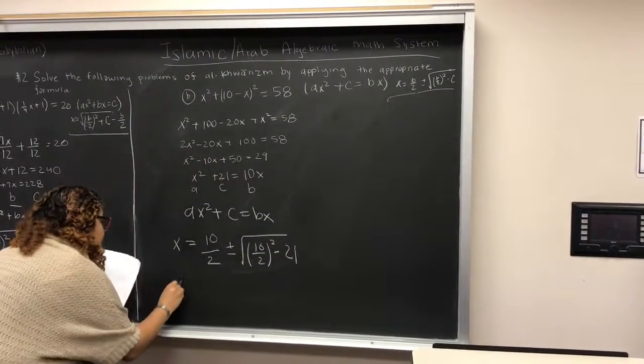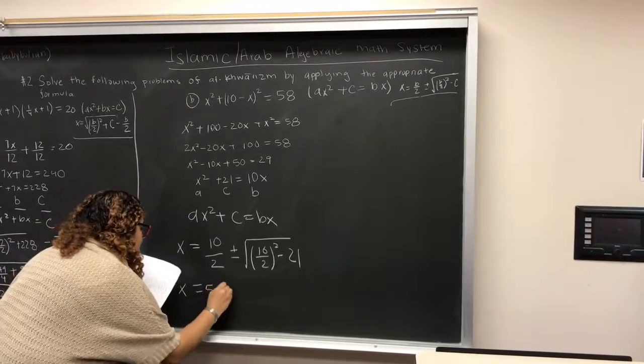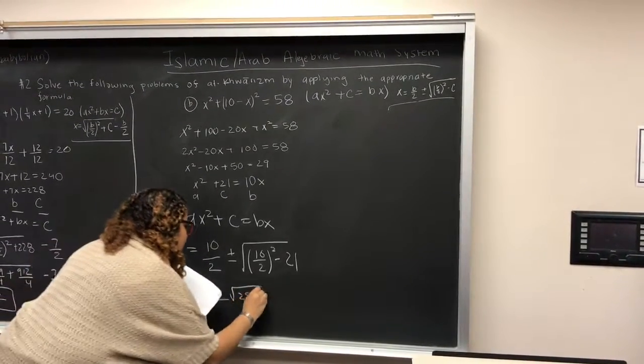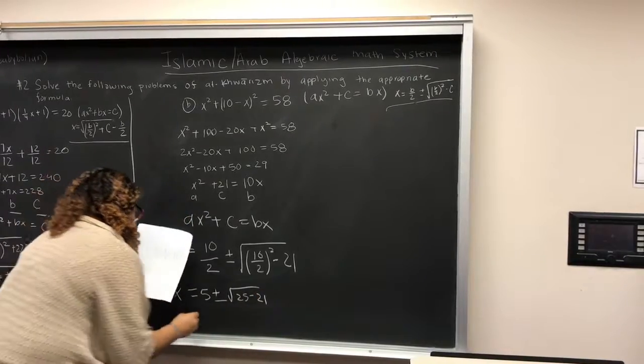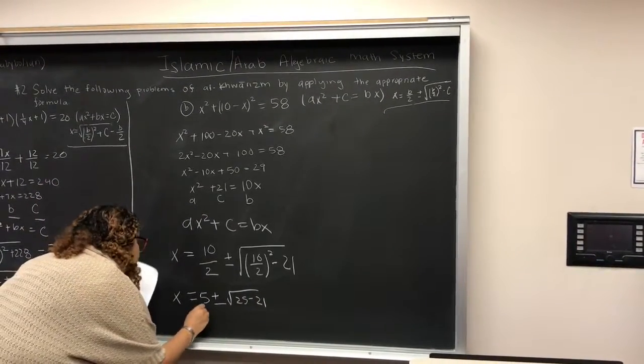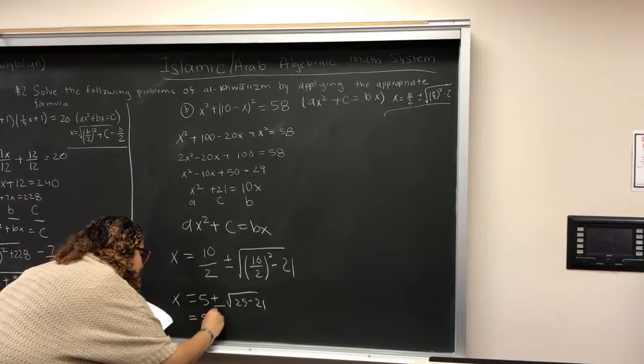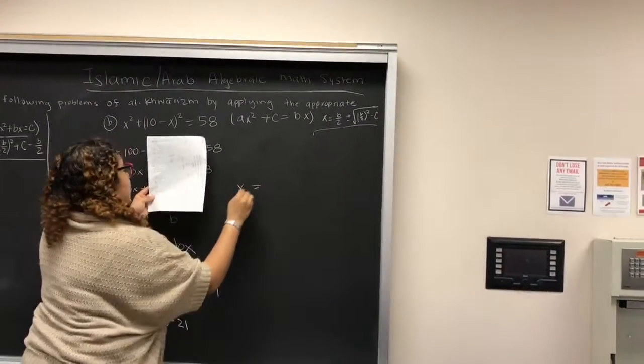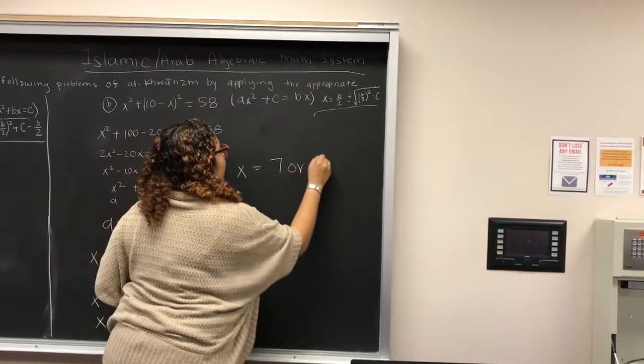If we simplify that, it's equal to 5 plus or minus the square root of 25 minus 21, which is equal to 5 plus or minus 2, which tells us that x is equal to 7 or 3.